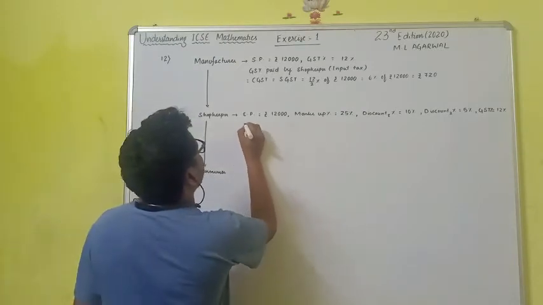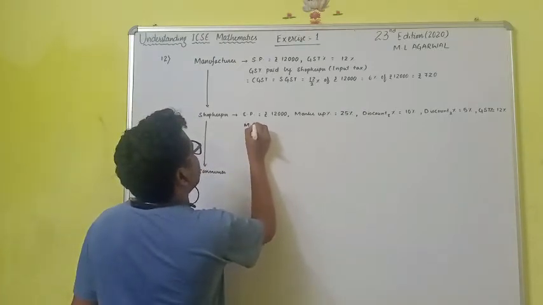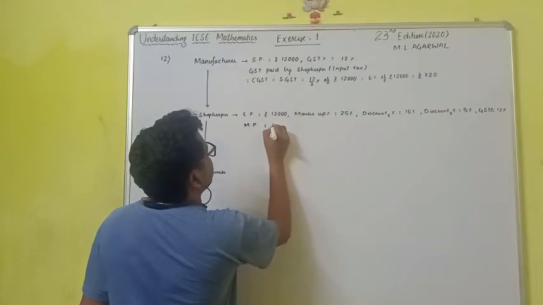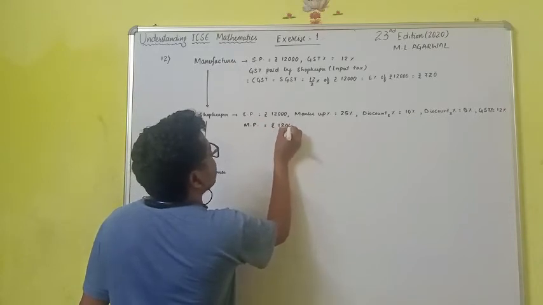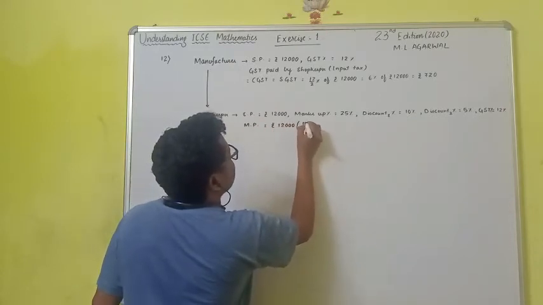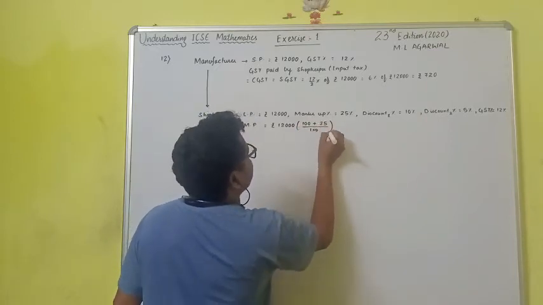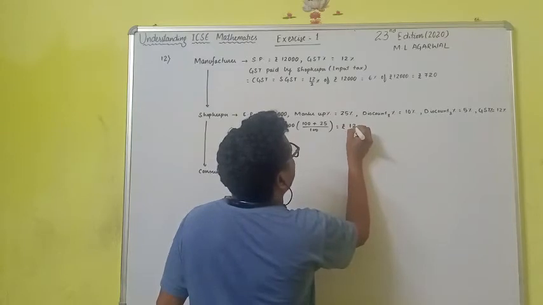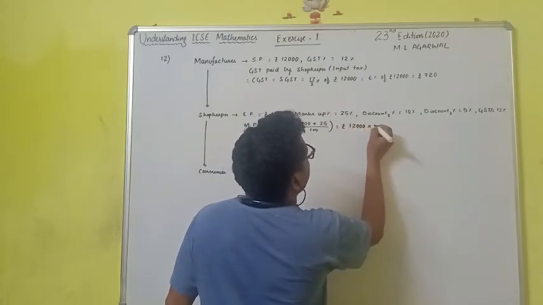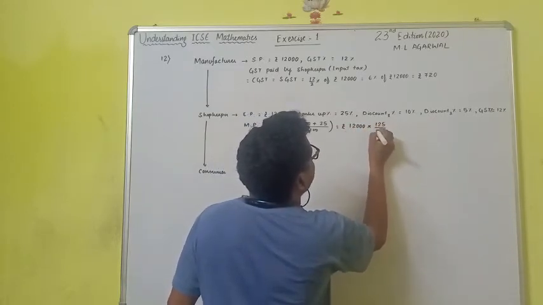So the marked price, MP, is equal to CP times (100 plus 25) by 100. So the marked price is equal to 12,000 into 125 by 100.